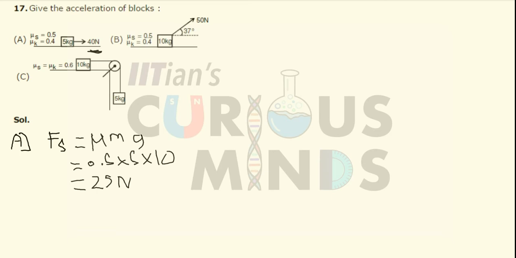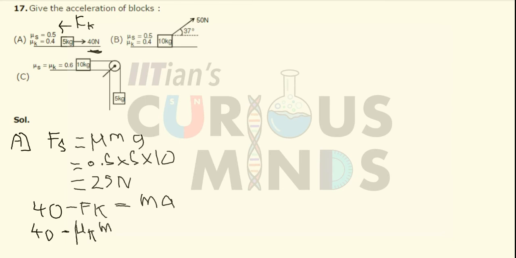Now this force is acting in the right hand side direction, so the kinetic frictional force will act in the opposite direction. So 40 minus Fk will be equal to mass into acceleration. So 40 minus mu k into mg will be equal to ma. Now mu k is equal to 0.4.